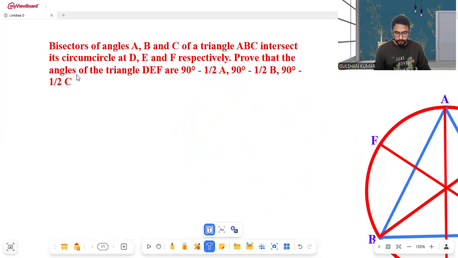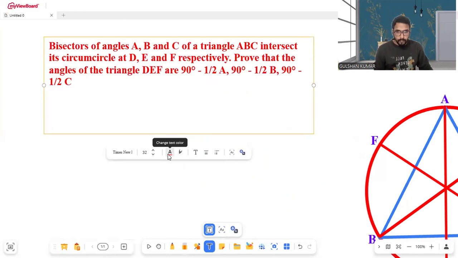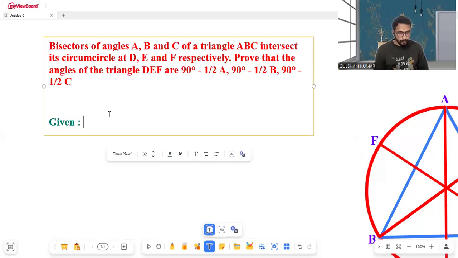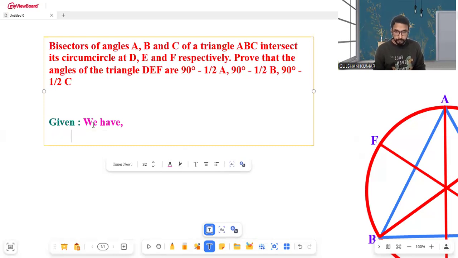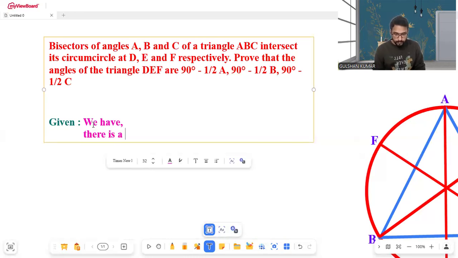Starting with the given: there is a triangle ABC inscribed in the circle.